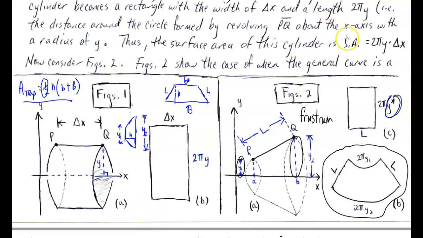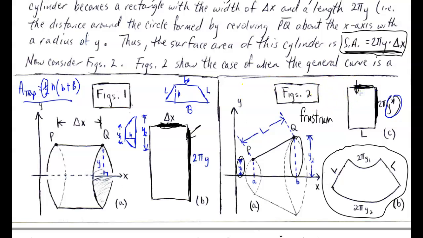And so here, if we look at the surface area just essentially was what is the distance around the circle, which we know is circumference, times the height, or in this case, the length of PQ. And so here, whether it was like this, or we had it using the circular frustum, once we worked everything out, in both instances, this just looked like a rectangle, where this part here and this part here is basically the circumference of the circle. And of course, this part here is going to be the height of the cylinder. Here, this is the height of the frustum.